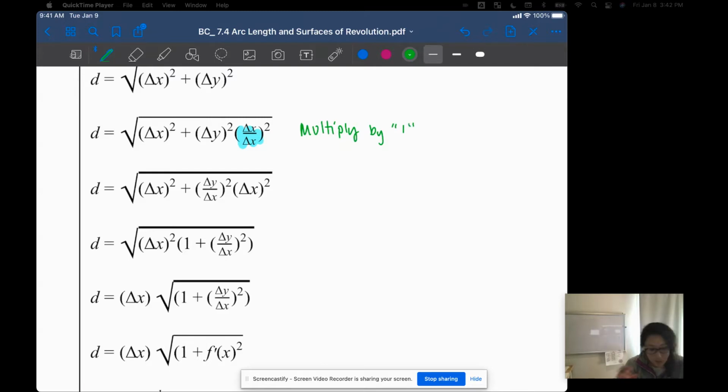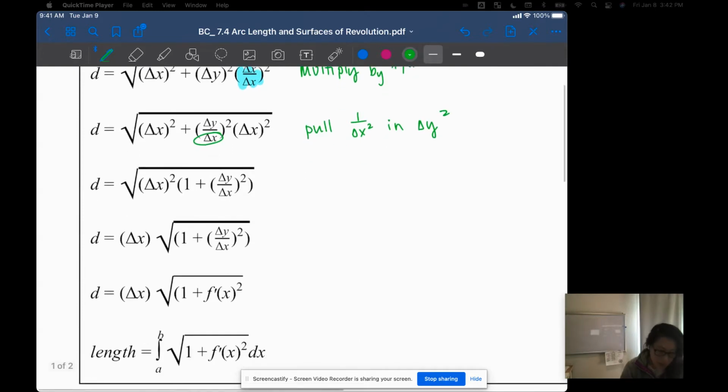Then I'm going to separate those equations, and pull this 1 over the change in x squared in with the change in y squared. Okay, so you can see that happens here. Because I did that, I now have common factors of change in x squared. So I'm going to factor out the change in x.